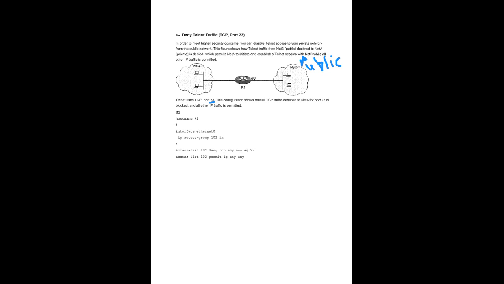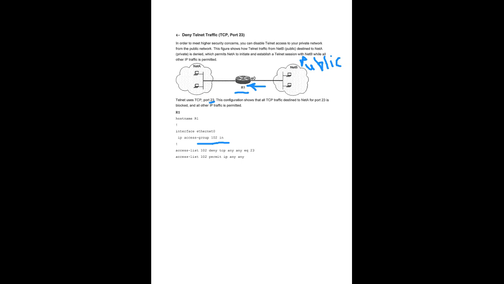So this configuration will allow all TCP traffic, but traffic destined to net A for port 23 is blocked. That is, telnet is blocked and all other traffic is permitted. So here, if we go to R1 at the interface E0, IP access group 102 in, this direction, because it is coming here.